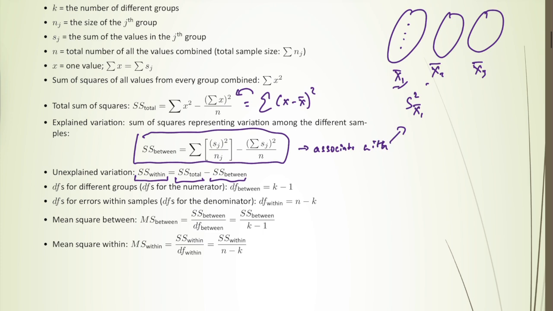Okay, now let's just sort of catalog what it is we're going to need in order to compute this. So we're going to need SS total, which is not too bad. That's just going to be the sum of squares of everything minus the sum of everything, which you'll recall is denoted by S. Where is S?